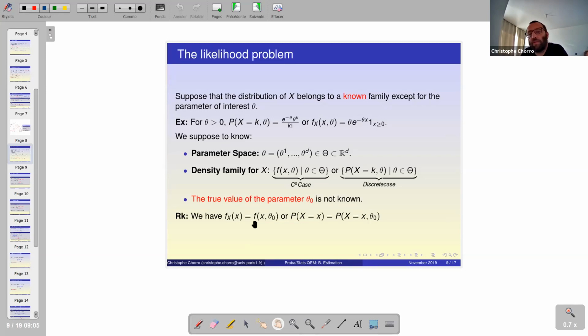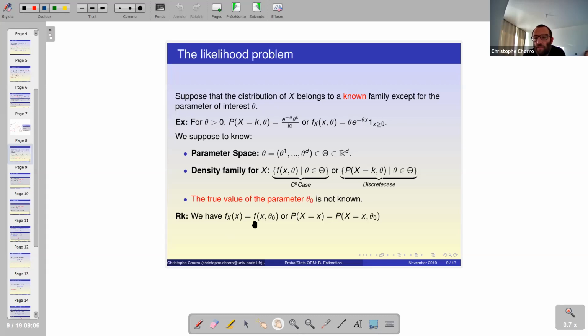So the starting point of this problem is the following one. You start with a random variable, that is capital X with my notation. And the only thing you know is that the distribution of this random variable belongs to a known family.